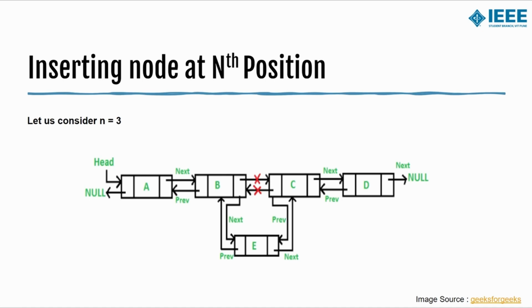Then the previous pointer of the new node is supposed to point towards the n minus ith node. Now as the new node is going to become the nth node, the next pointer of the new node is supposed to point towards the node that is next to the n minus ith node.